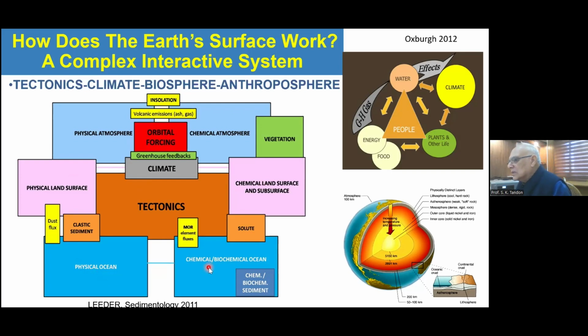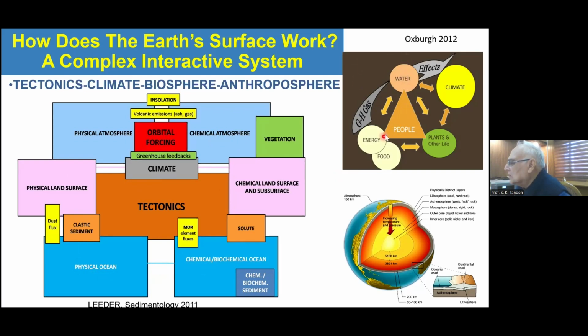So minus the humans, this is what the Earth's surface is, and humans and other species within the biosphere inhabit this particular system in which there is an interplay between tectonics and climate. Now, if I take you to the little black box that is there, and then introduce humans.